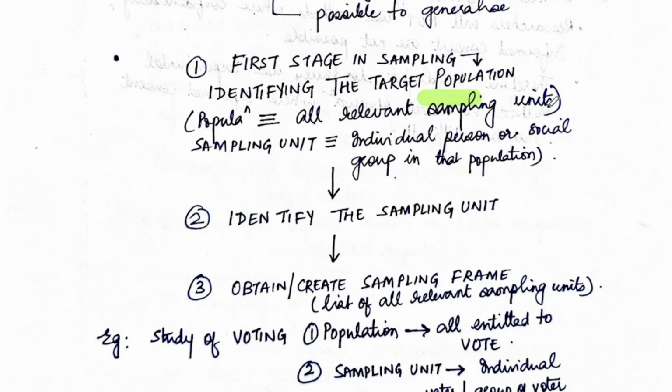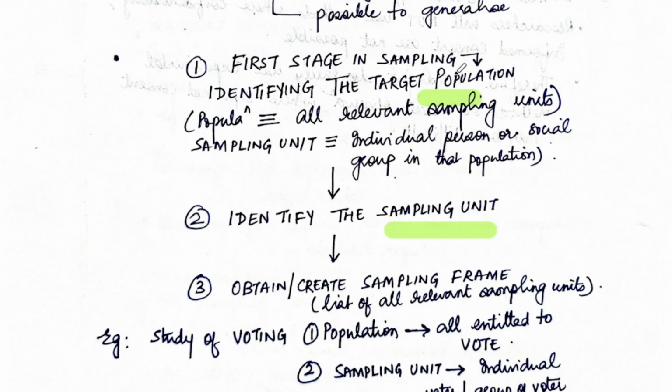The population is built from the units we could sample. It could be made up of persons, or households, schools, firms, etc. From that target population, next we need to identify the sampling unit.